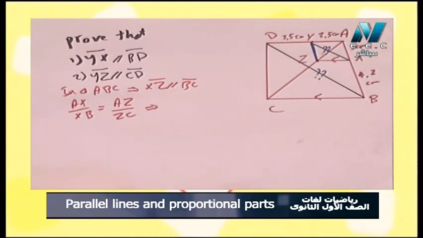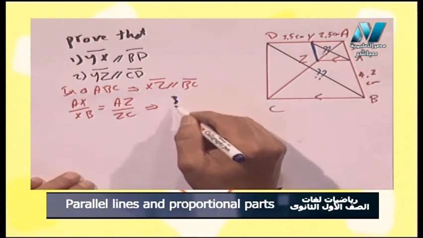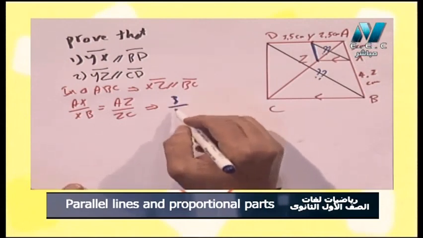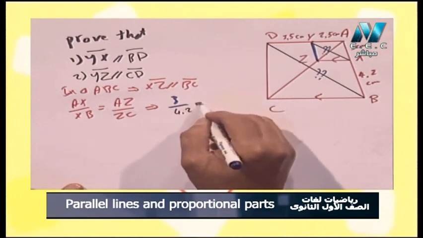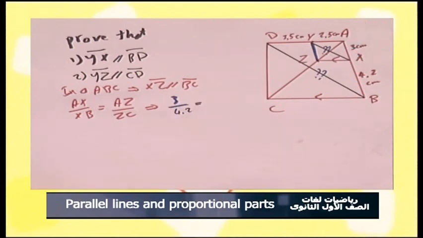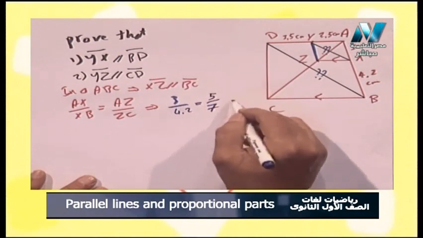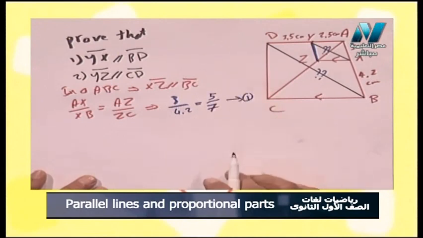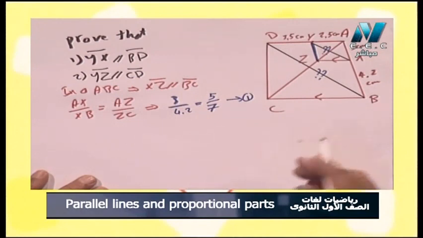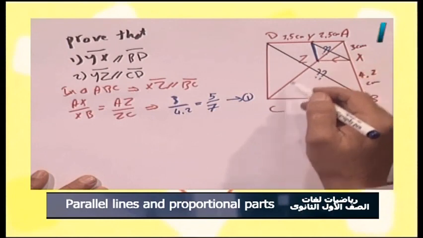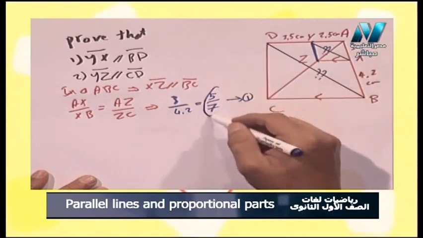So AX over XB here equals 3 over 4.2. In simplest form, we can use calculator to find out that the result will be 5 over 7. And this is number 1. We have here the ratio AZ over ZC equals 5 over 7.